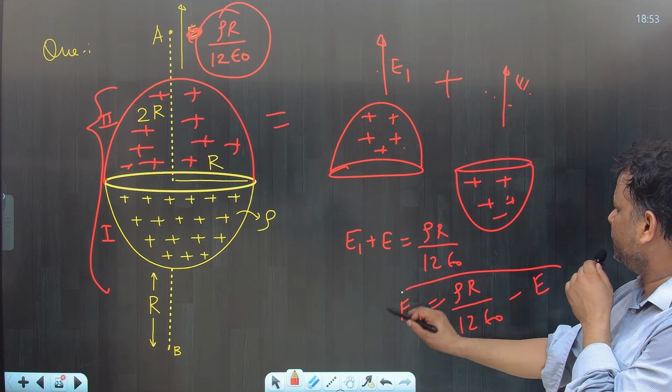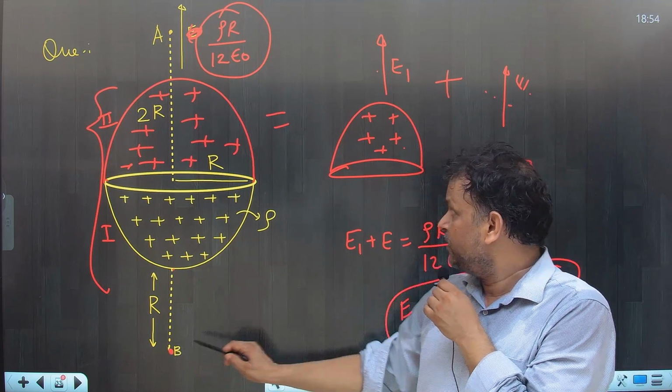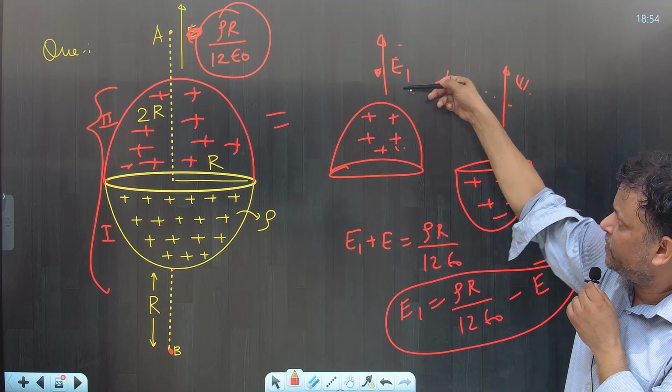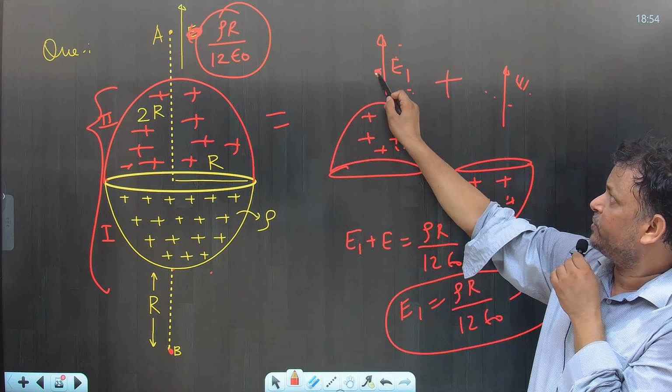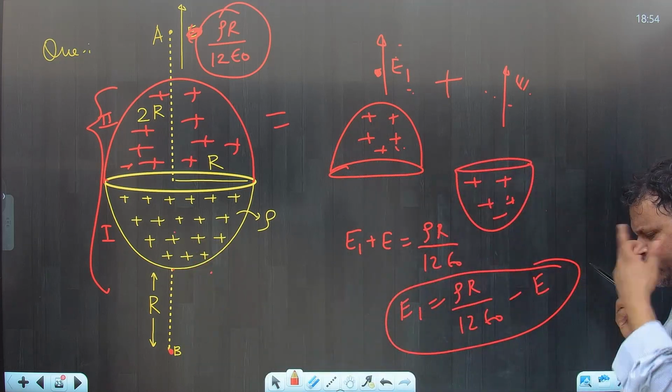Very interesting thing. So in the back of this hemisphere, at B, you are getting E1. It is the same problem. It is the same location. For this hemisphere, this point has the same location which this point has for the other hemisphere. So it is a very nice question.